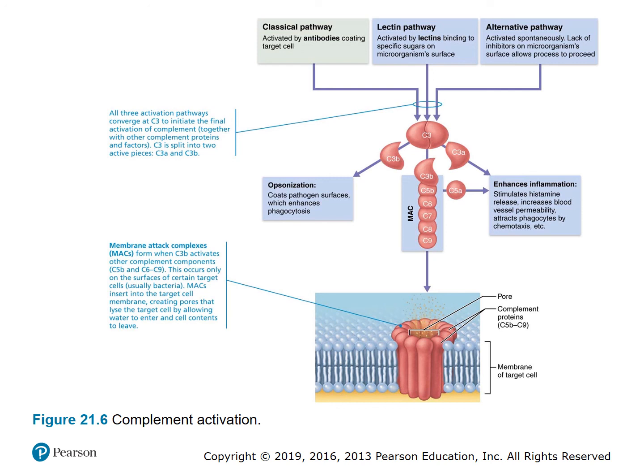MACs insert into the target cell membrane, creating pores. They pretty much punch holes into the membrane, and that will cause lysis of the target cell by allowing water to enter and the cell contents to leave.